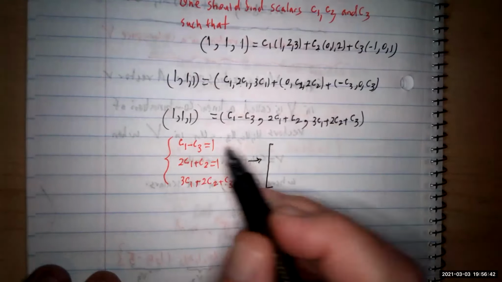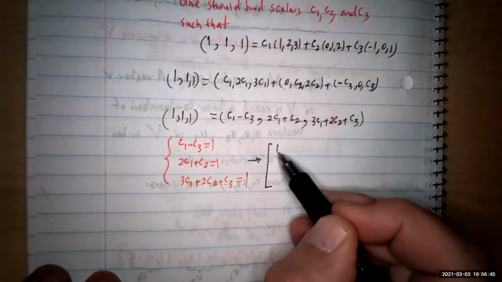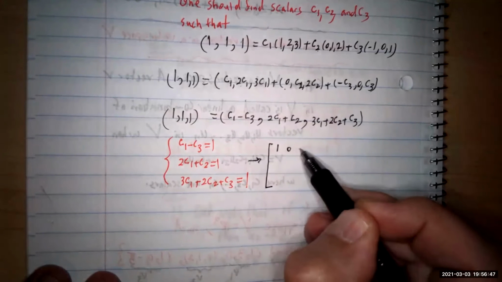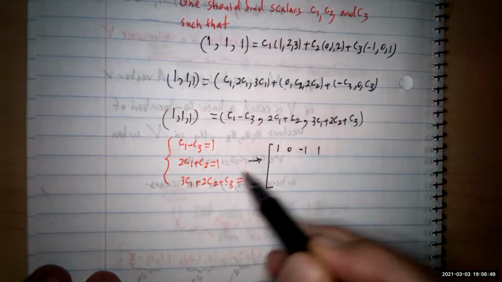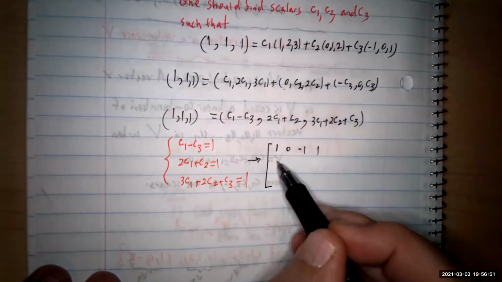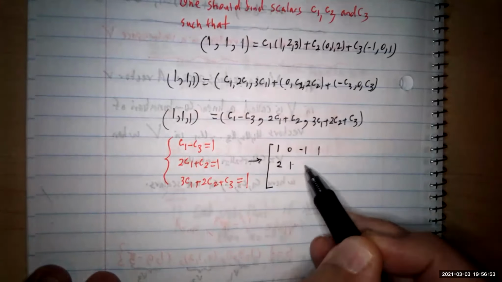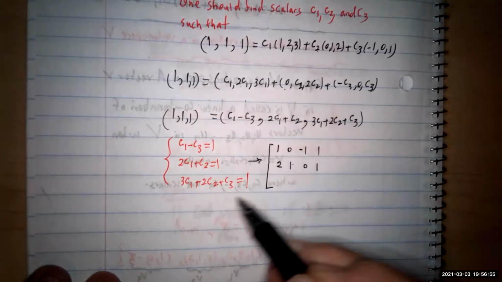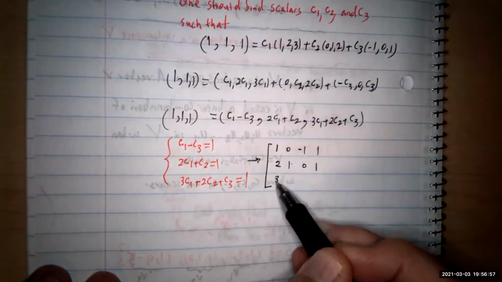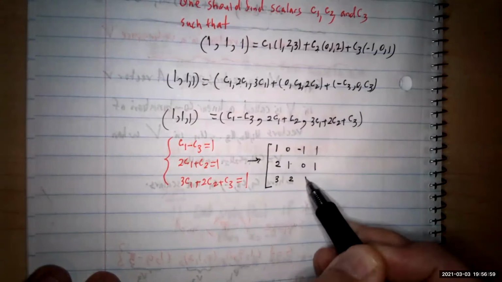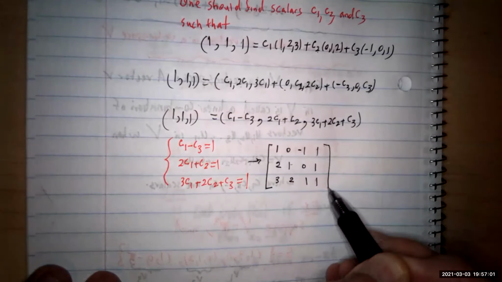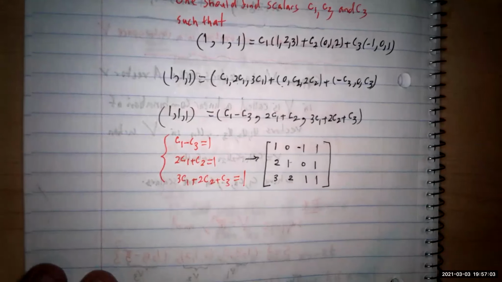This is the augmented matrix: the first row is 1, 0, negative 1, 1. The second is 2, 1, 0, that gives you 1. And the third is 3, 2, 1, 1. This is your matrix.